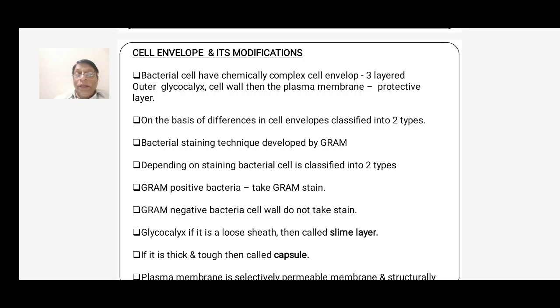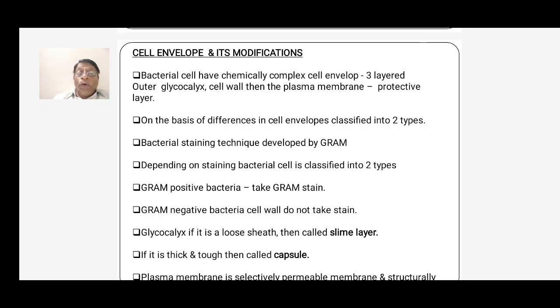Cell envelope means the covering. The cell envelope or the covering consists of tightly bound 3-layered structure.